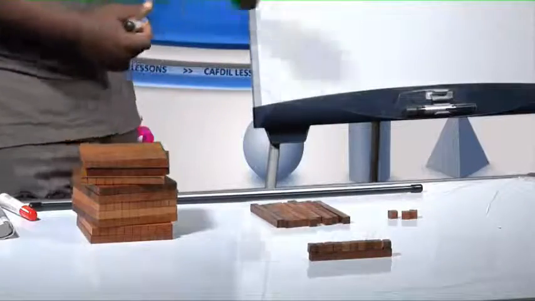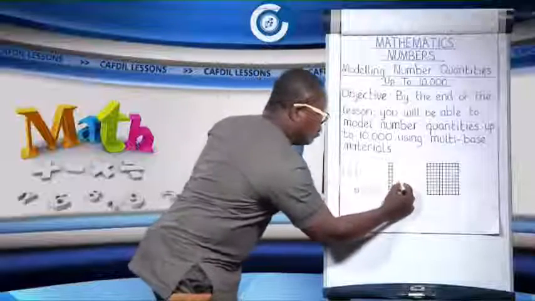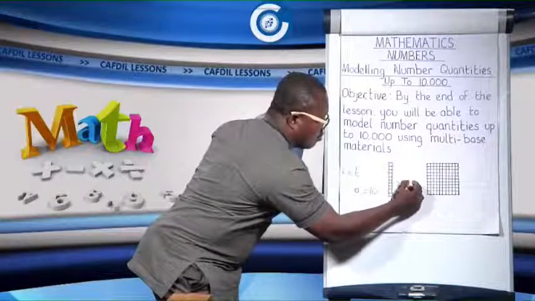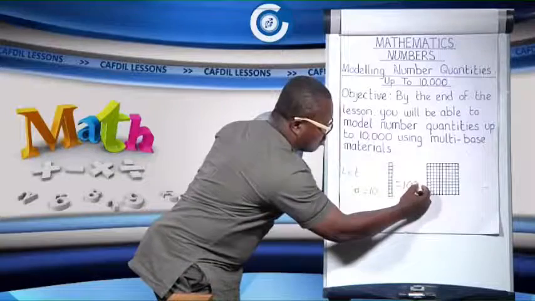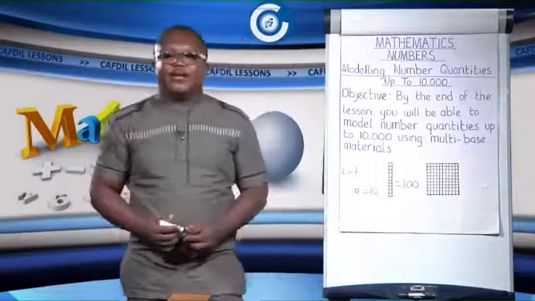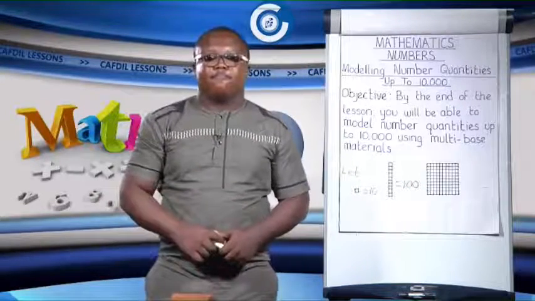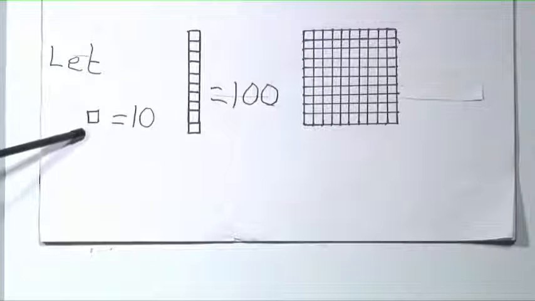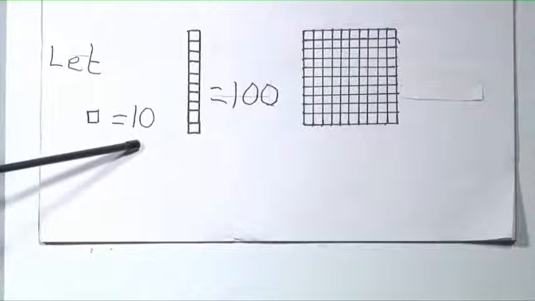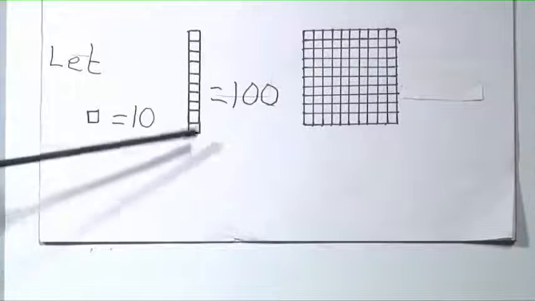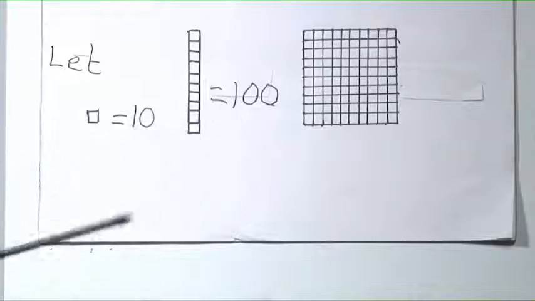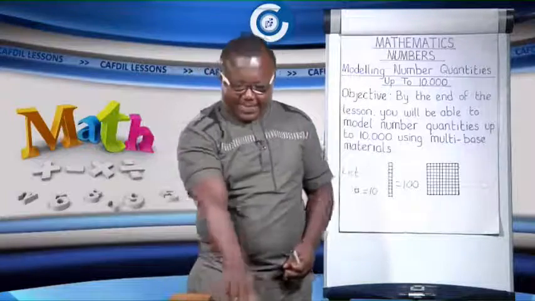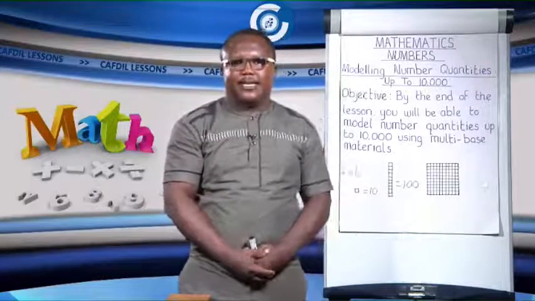So now the long will be 100. So now the cube is 10. So the long here will be 100. That is what we have done there.